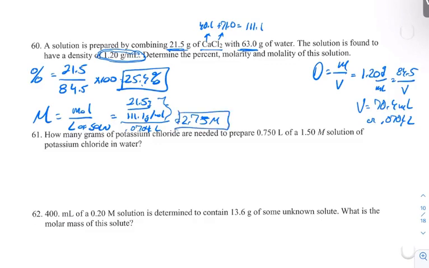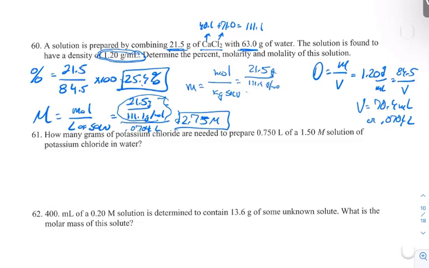Now, to find molality, molality is similar, at least the numerator is certainly the same. It is moles. But rather than dividing by liters of solution, we're going to divide by the kilograms of just the solvent. So my numerator is the same as it was a second ago: 21.5 grams over 111.1 grams per mole.